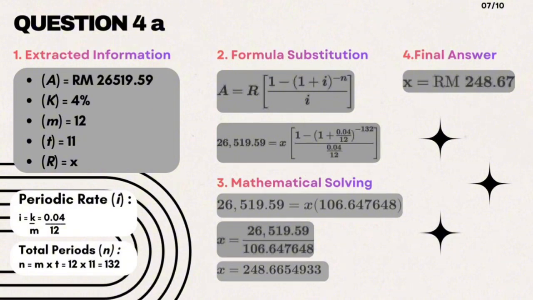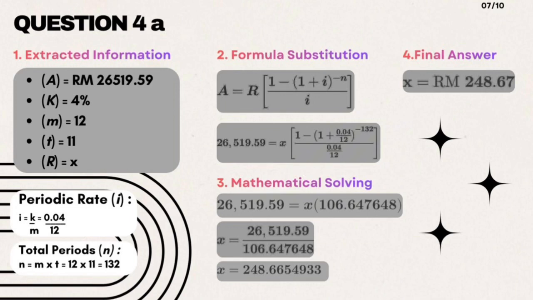To isolate X, we divide 26,519.59 by 106.647648, which gives us a raw calculation value of 248.66954933. Finally, we round this number to two decimal places for currency, bringing us to our final answer.